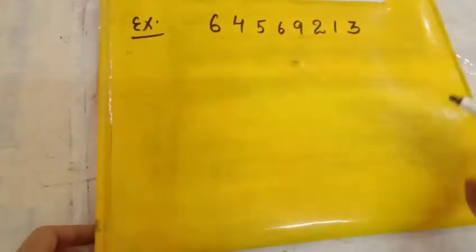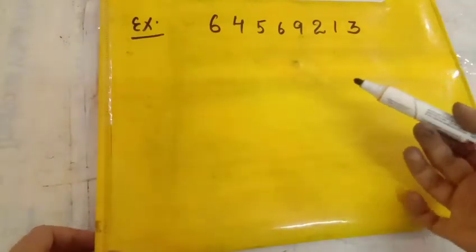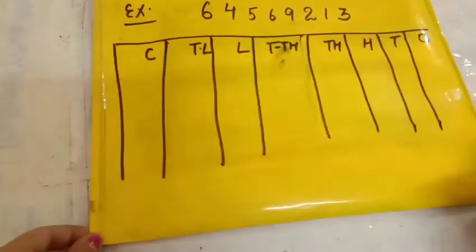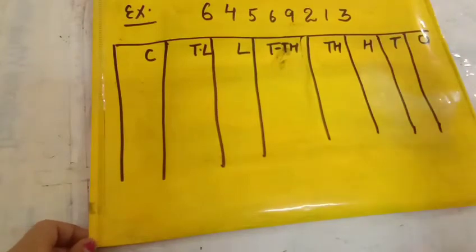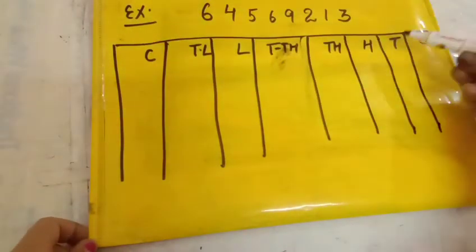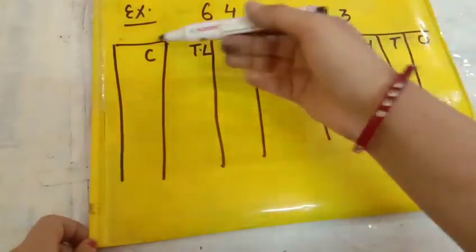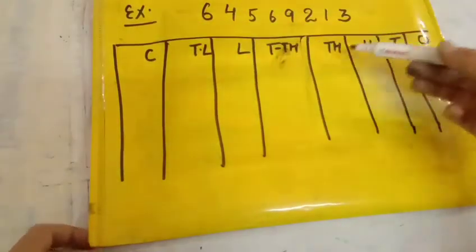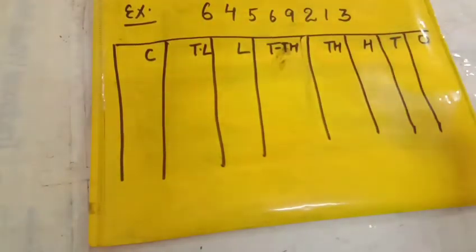Okay, so now rewrite this number in a place value chart to find out its place value. 8 digit number, so we need the places up to crore. Ones, tens, 100, 1000, 10,000, lakh, 10 lakh, crore. 1 2 3 4 5 6 7 8. So now let's place each digit in its respective column.